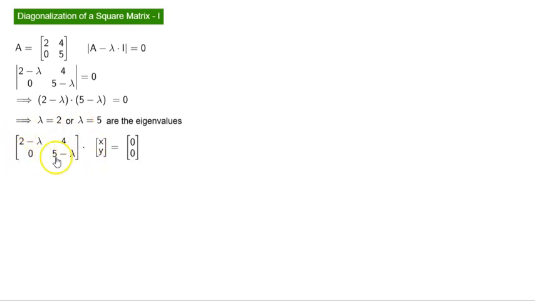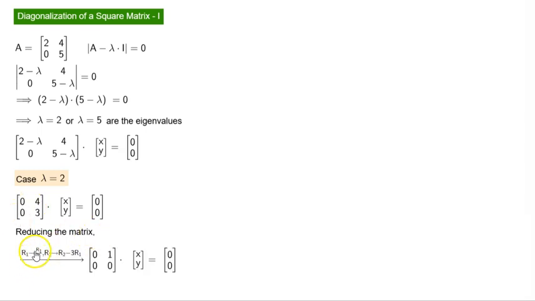So now going back to this system of linear equations, let's substitute the first value of lambda, that is lambda equal to 2. We get 2 minus 2, 0, 4, 0, 5 minus 2 is 3. Reducing this matrix, we get R1 replaced with R1 by 4, R2 replaced with R2 minus 3R1.